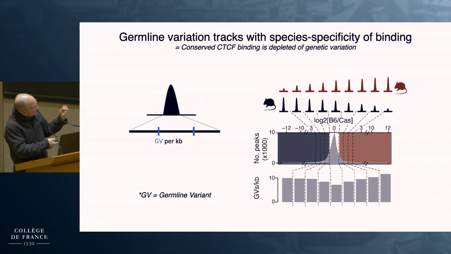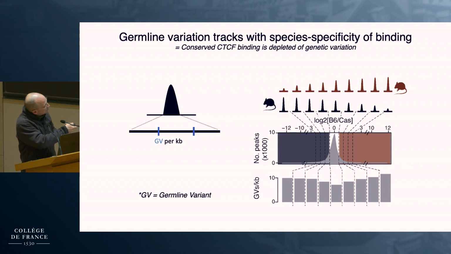And the first thing that we did is ask whether the species-specific regions are enriched for genetic variation between the two species, and they are. The other way to look at that is to flip it on its head and to say, does CTCF binding deplete genetic variation? And it does, because those are really the same statement.